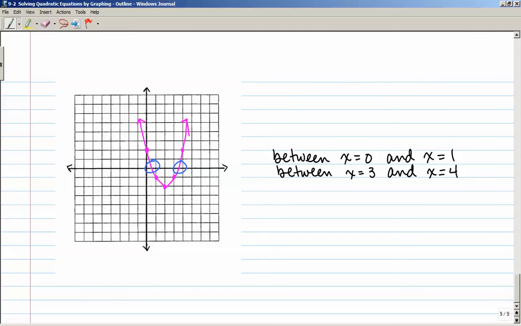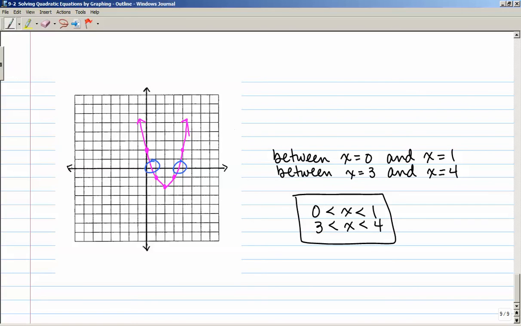So you could write your answer like that. I think that's probably the way the textbook does it. I kind of like to do it like this. This says that x is some value that is greater than 0 and less than 1. And the same thing with 3 and 4. x is a value that's greater than 3 and less than 4.